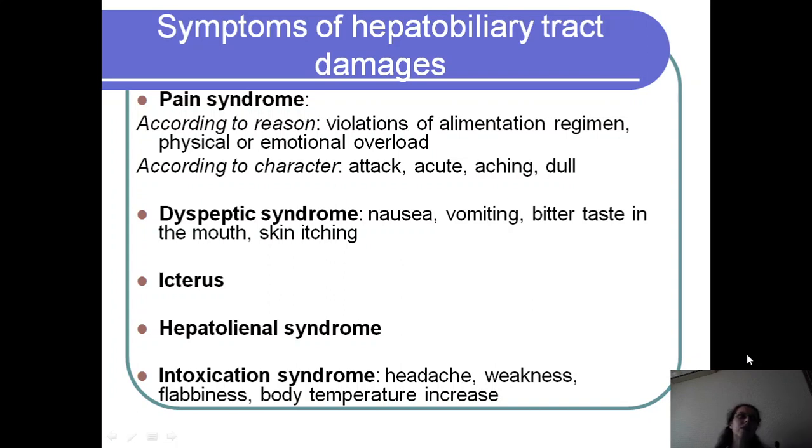It's irradiating usually to the right forearm and arm. And it's effectively removed by application of something hot, usually a hot water bag, to the right hypochondrium, or a hot shower, and sometimes it's also relieved by some tablet which a school nurse gives to this child.